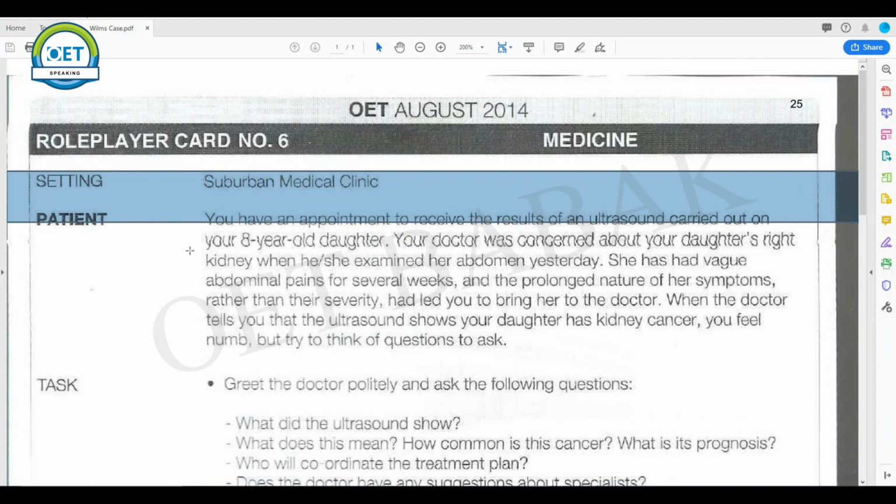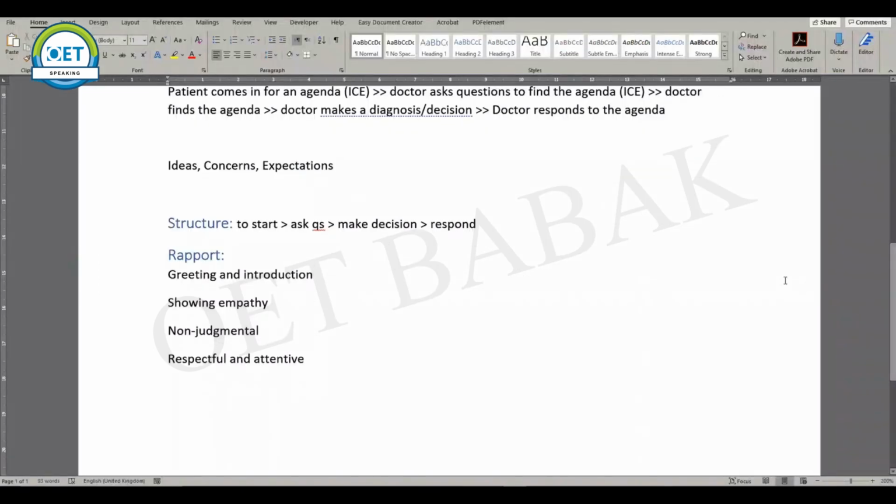You know each other. So some people ask me, what should we do then? If the patient's name is not given here, what should we do? What do you think? What options do we have? We can either ask the examiner.